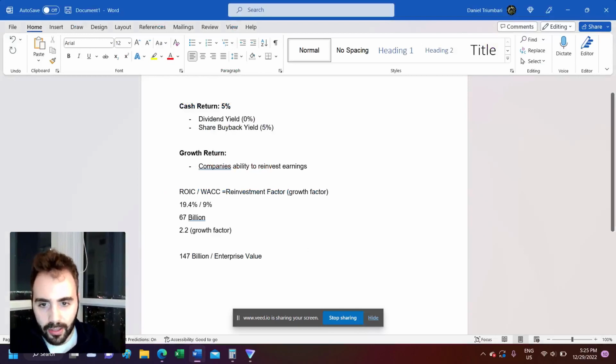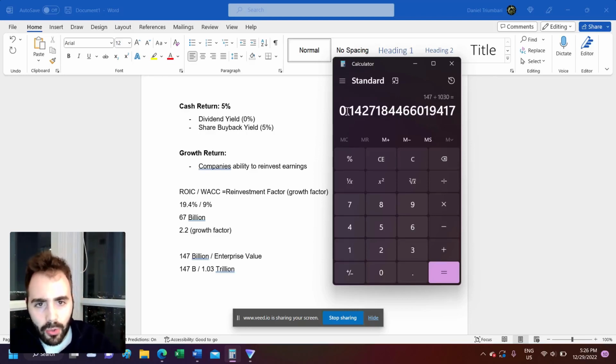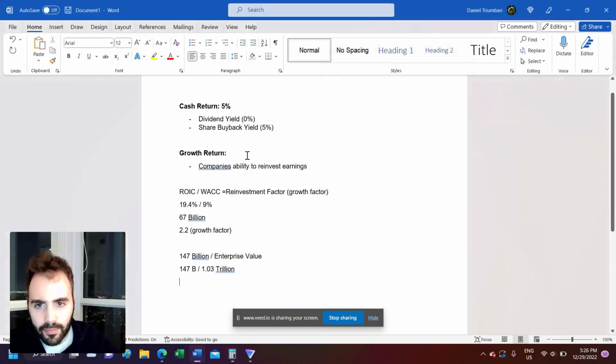So we'll go down another line, 147 billion divided by 1.03 trillion. And that'll give us a percentage figure, which is our growth return. So let's do that there. 147 billion divided by 1,030, which is 1 trillion and 30 billion. And that gives us a growth return of 14%.